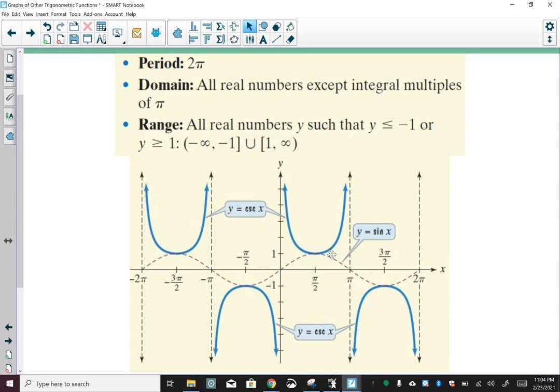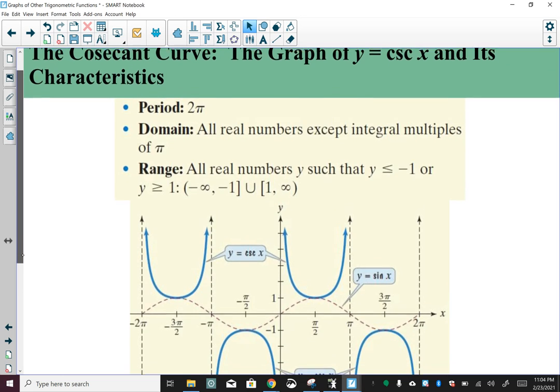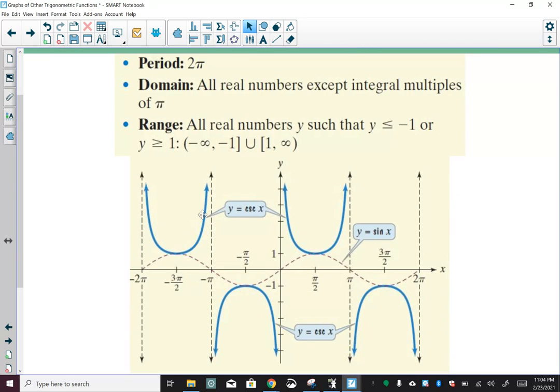And then at every multiple of pi, you're going to draw your asymptotes. And then everywhere you see either a peak or a valley, you're going to draw basically a U. So the actual graph of your cosecant is going to be in terms of these U's here. These are actual versions of your cosecant graph.